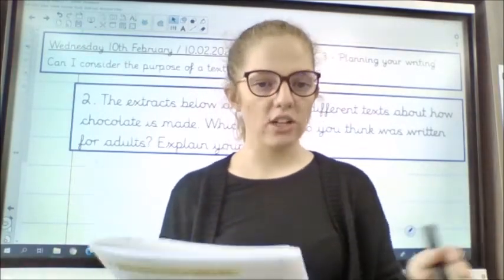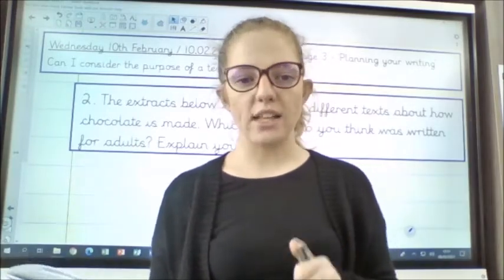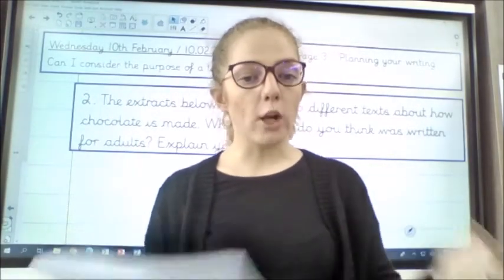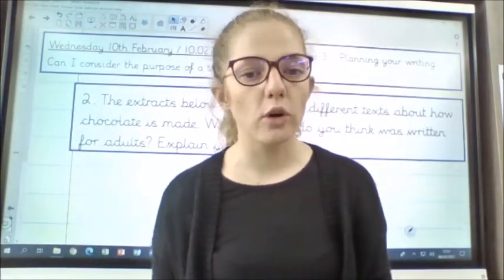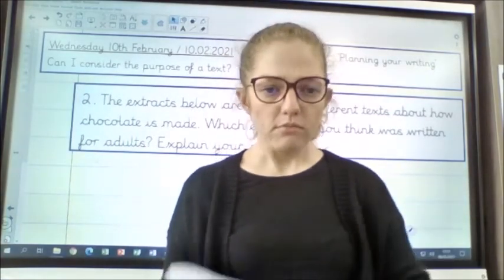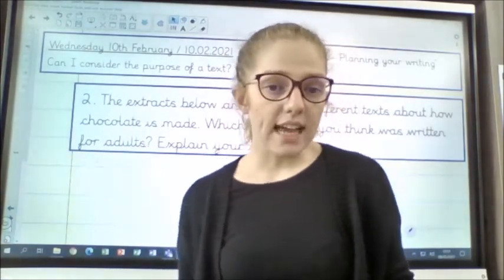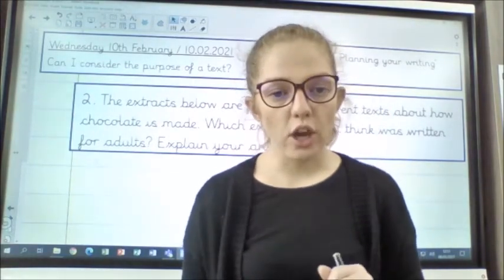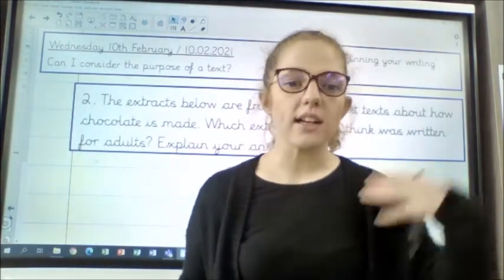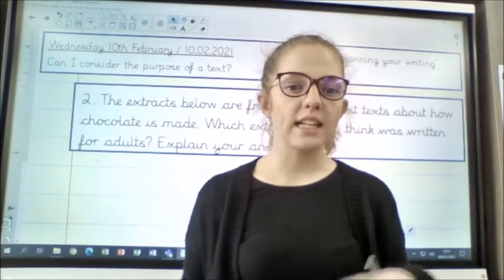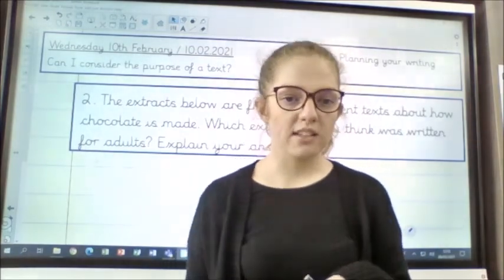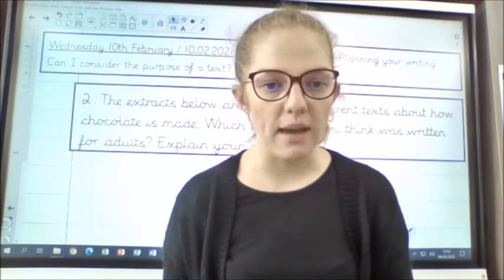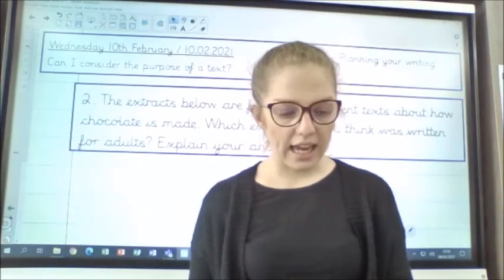So I think that extract was written for adults because. So it might be because the language used is more formal than extract. Or you might say, because this text gives me some more information about the location of the cocoa beans, whereas an extract doesn't really tell me much other than asks me if I want to know where chocolate is made. Okay, so have a think and have a read.